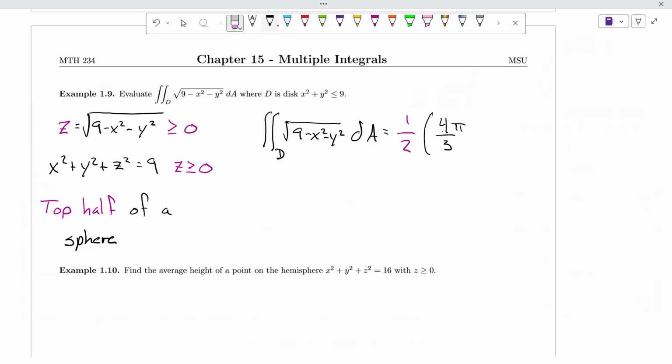That's going to be 3 cubed. And then I can simplify all those numbers to get something. 3 cubed over 3 is just 3 squared. 4 over 2 is just 2. 9 times 2 is 18. And a pi.